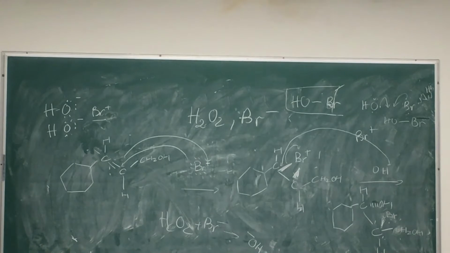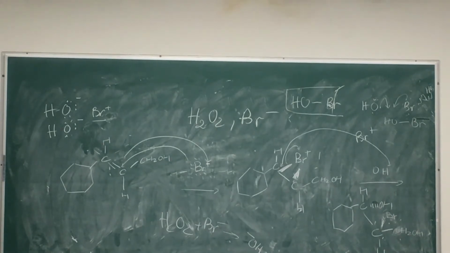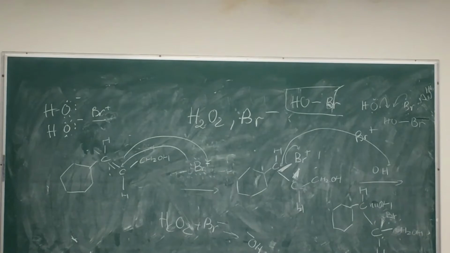It's harder to predict the product, but if they give the product, there's only one way to form it, right? Where is the hydrogen? Attack it and form the intermediate. Attack it and find a way to get rid of this hydrogen.